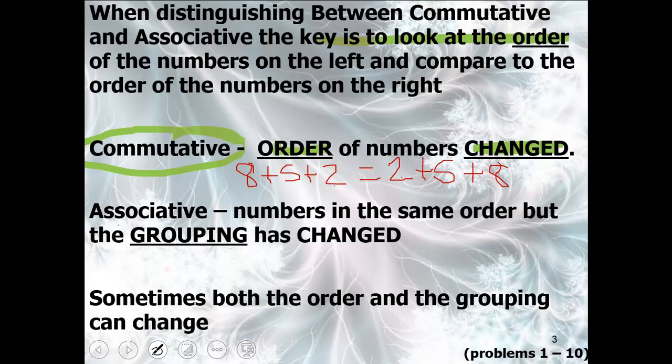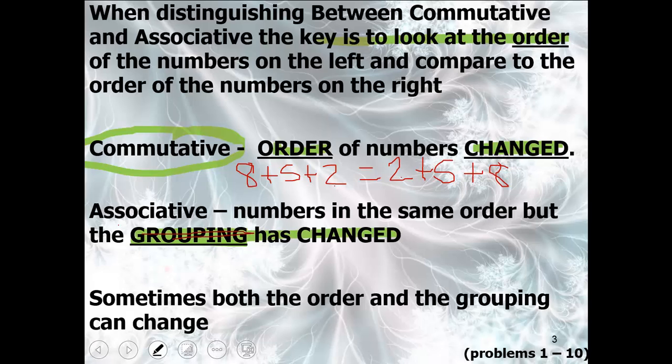Now, the associative says the numbers are going to be in exactly the same order on both sides of the equal sign, but the grouping symbol has changed. Okay?